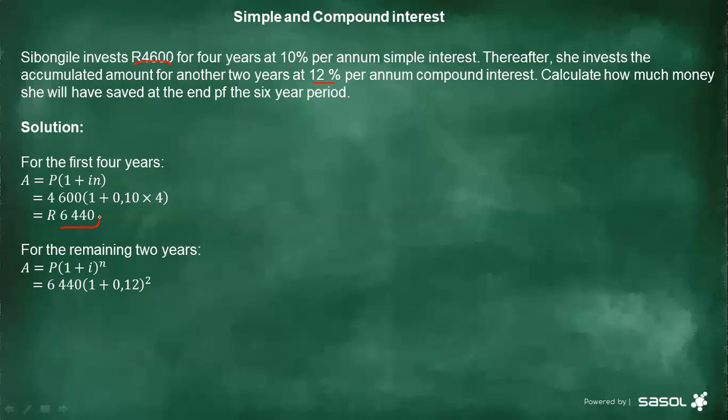And then to the power of 2, then you press your calculator, and we now have 8,078.34. That is the amount of money after the 6-year period. That's how we should calculate the simple interest and the compound interest.